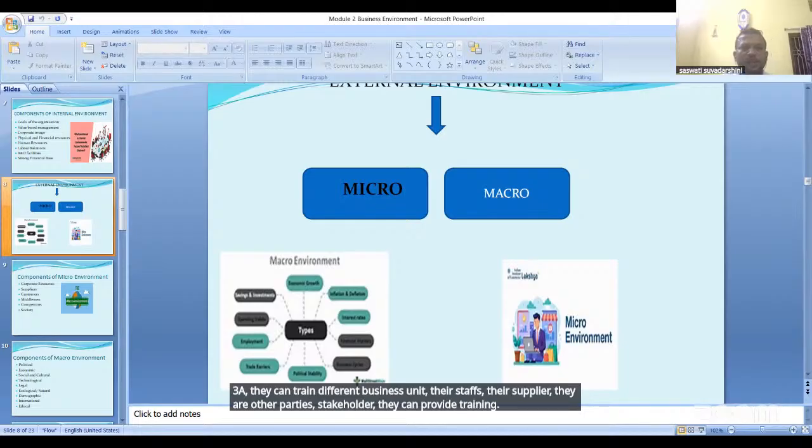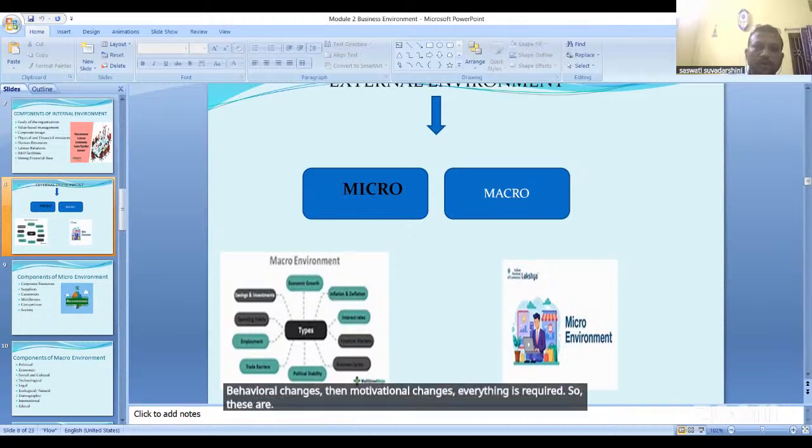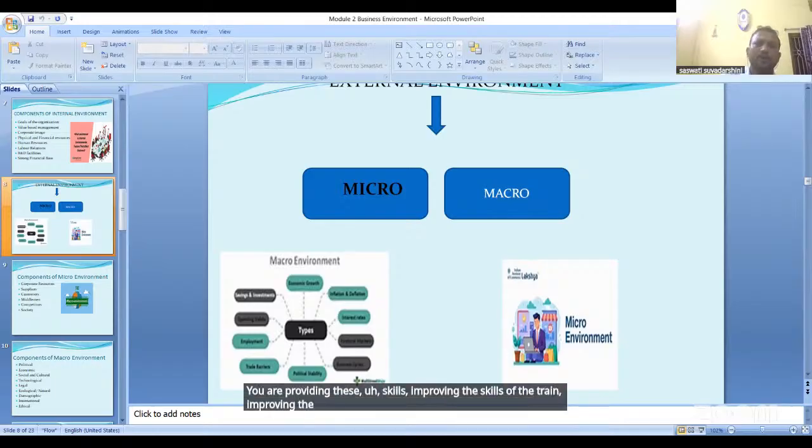Then changing attitude, always focus on behavioral changes, then motivational changes. Everything is required. These are delivered through the system of education, improving the skills of your staff and supporting staff.